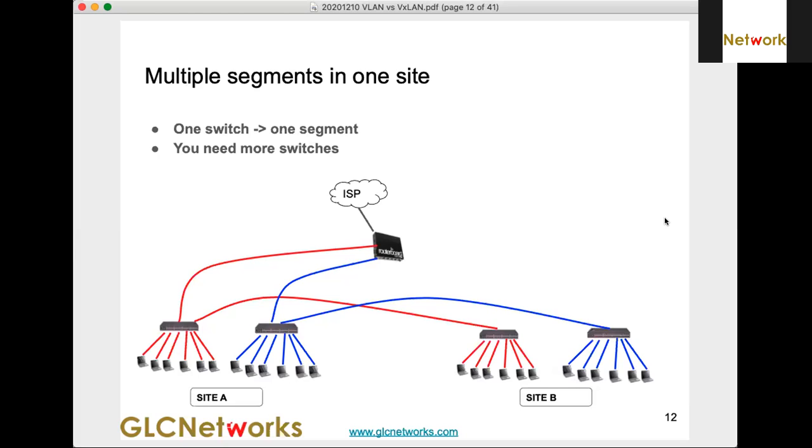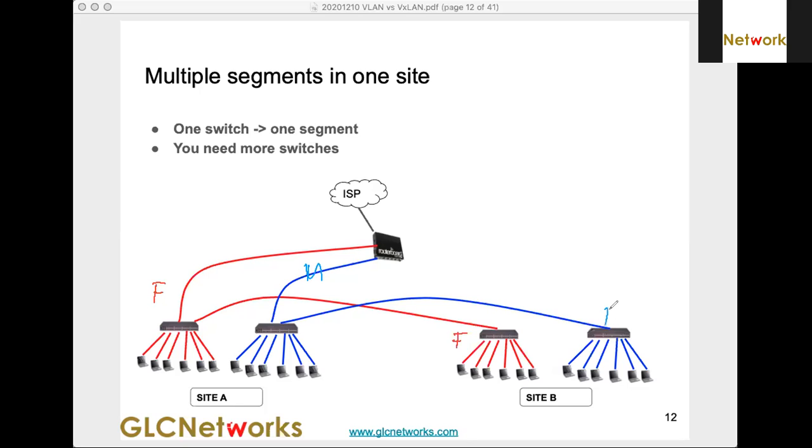Unfortunately, if you have more sites and more departments, the finance people are not only sitting in one place. The one on the right is finance, and the blue one here is for marketing.